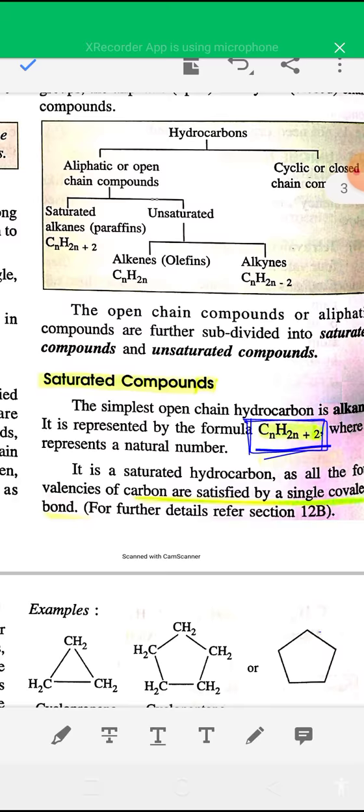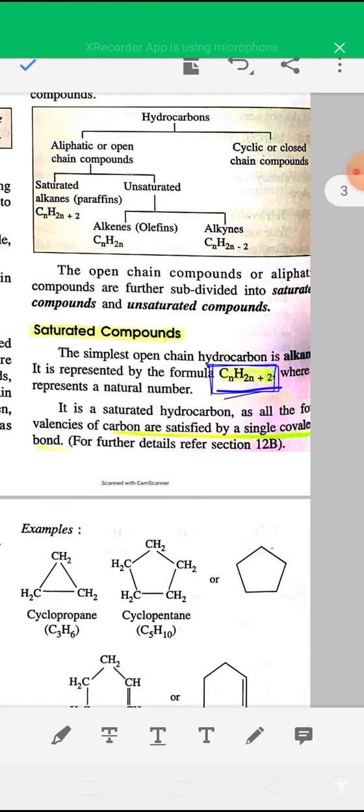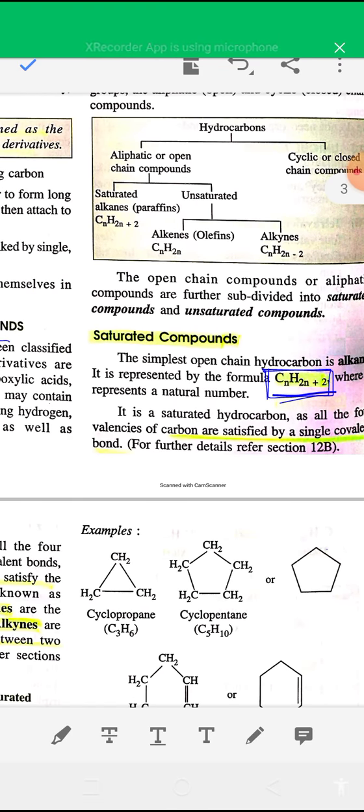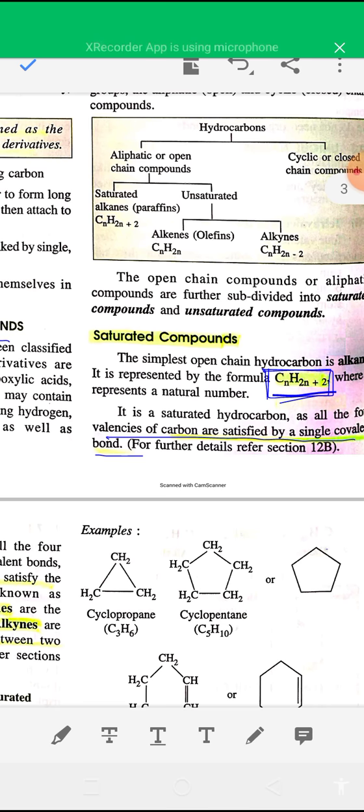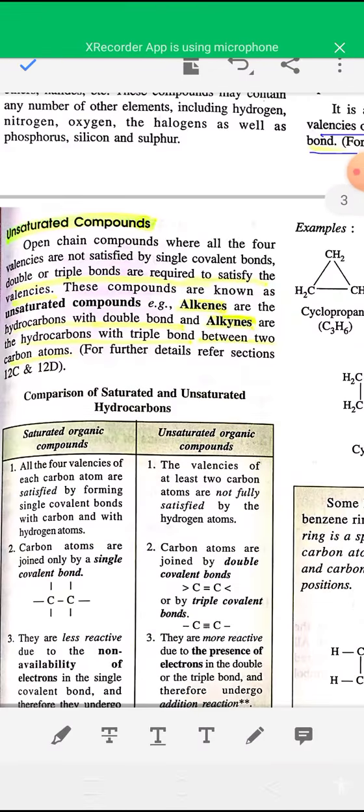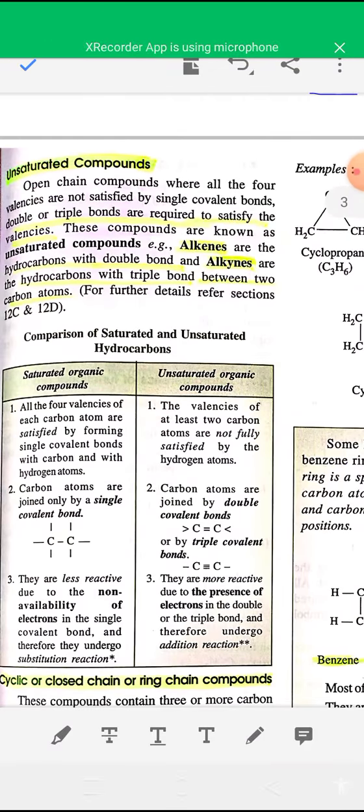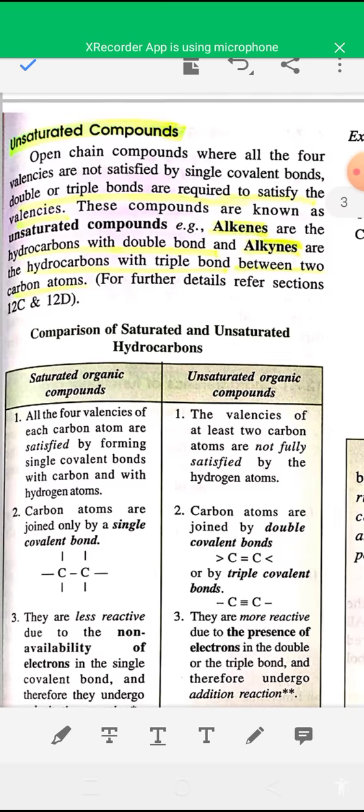In saturated hydrocarbon, all carbon-carbon bonds are single bonds. So in saturated hydrocarbon, all four valencies of carbon are satisfied by single covalent bonds. Now unsaturated hydrocarbon.